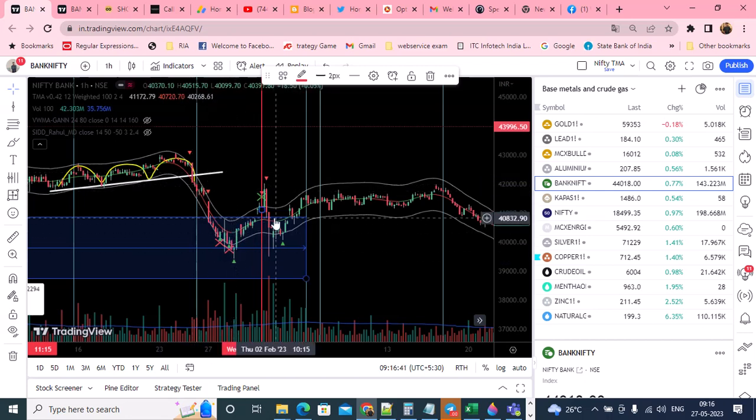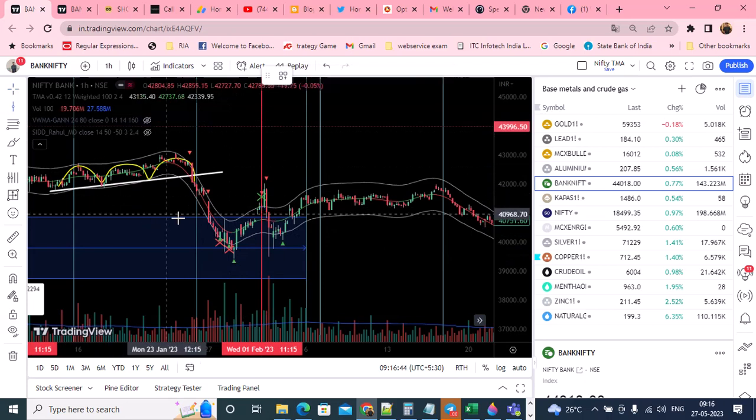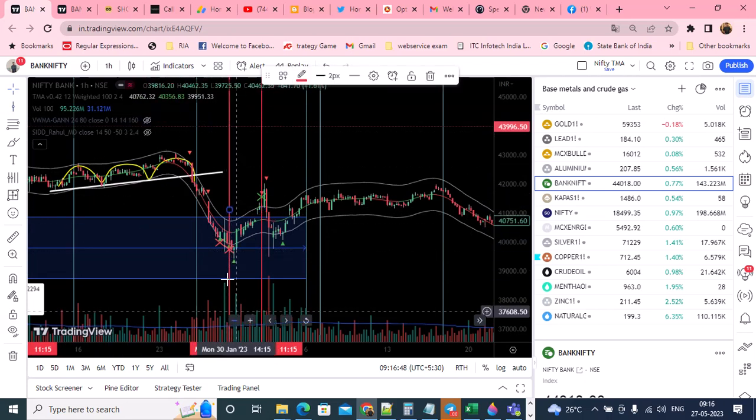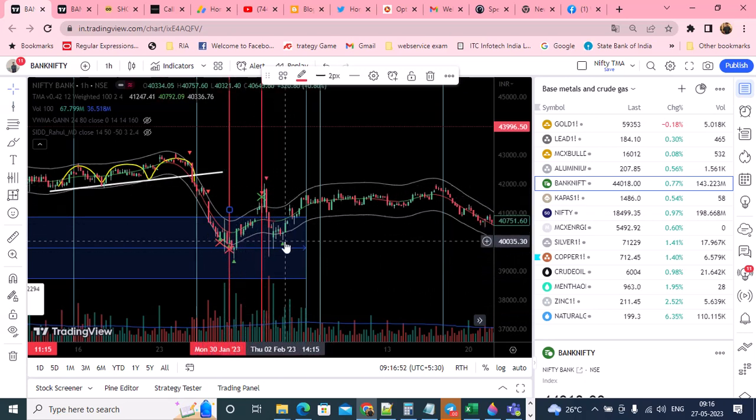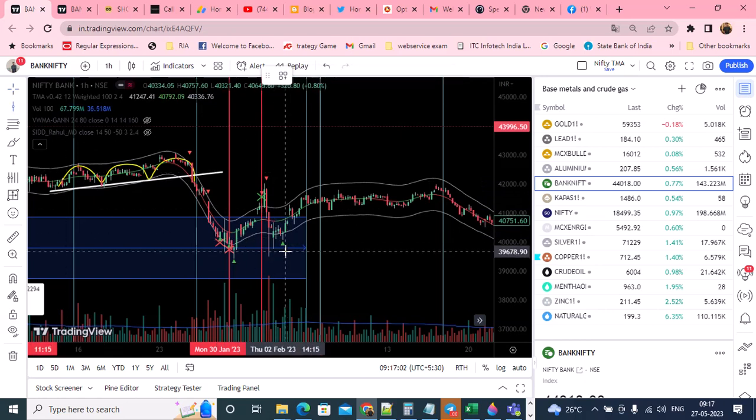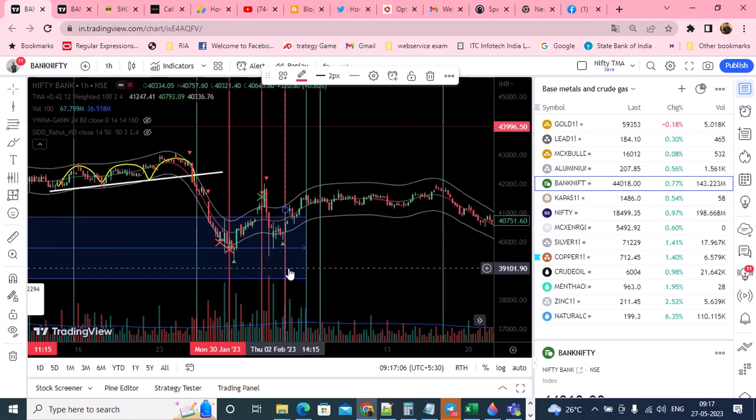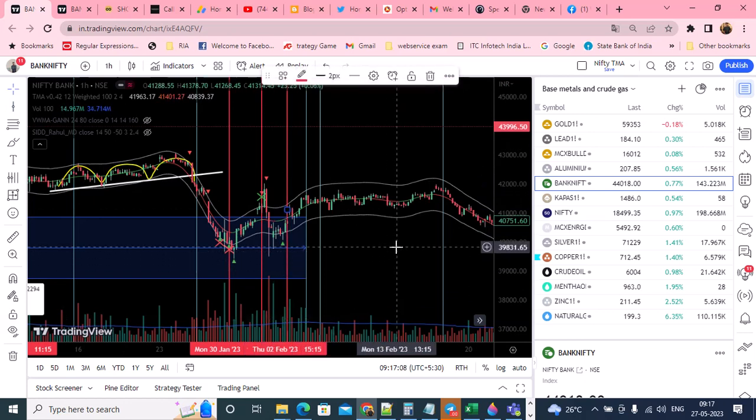So in this area, the 50% area was this one, and the 25% area of 52 days is this one. From there it reversed, again it fell, and from that 52 days area it will fall again, and again from the 25% area, 75% area, it got reversed.